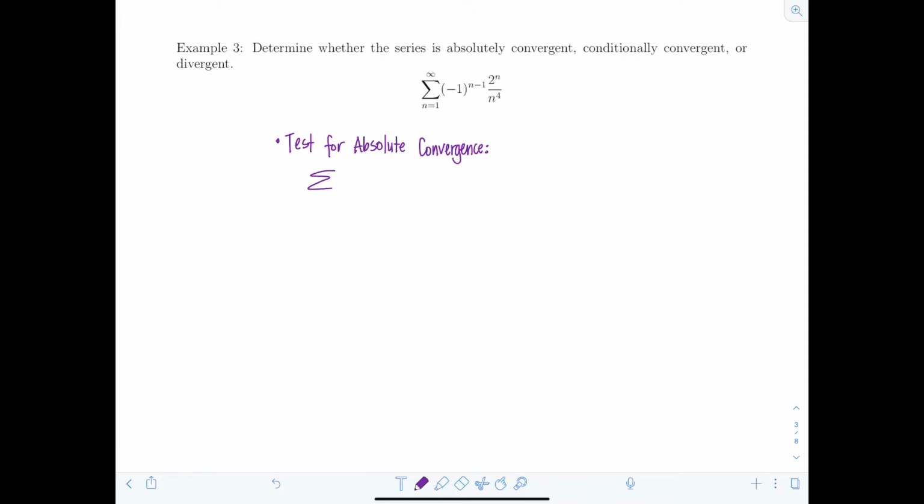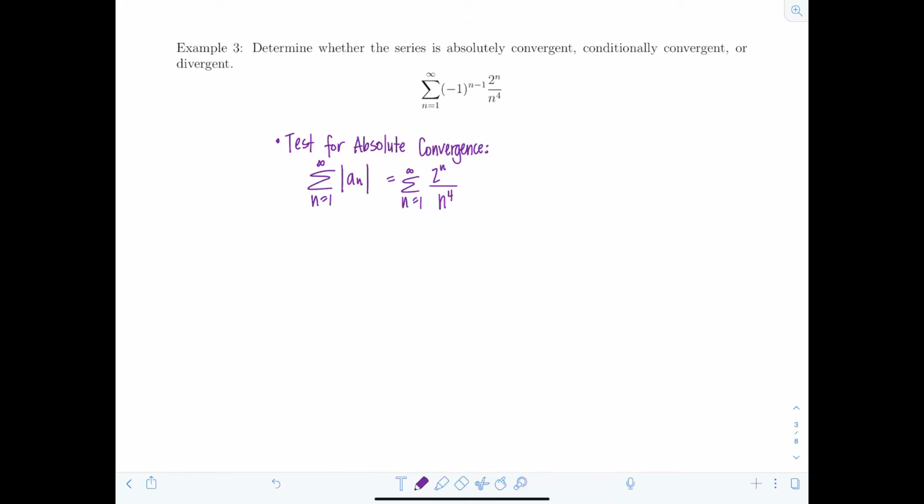So I'm going to test for the convergence of the sum n equals 1 to infinity of the absolute value of an, which is the sum n equals 1 to infinity. You can just drop that negative 1 to the power part, right? When you take the absolute value of the terms. So this is going to be 2 to the n over n to the fourth.